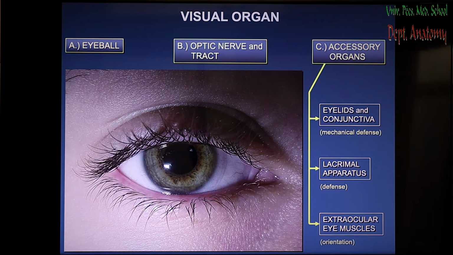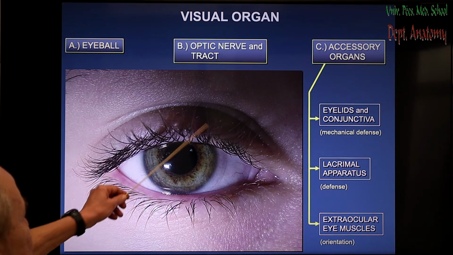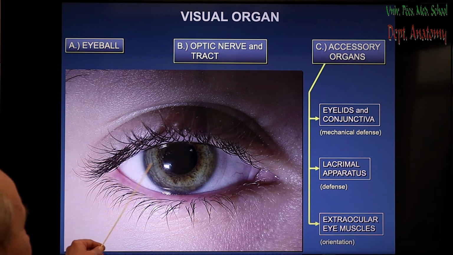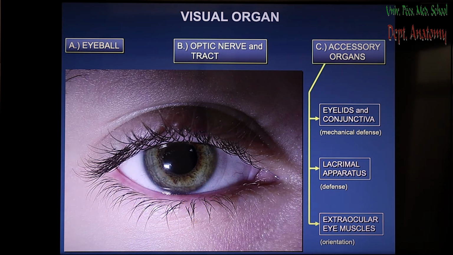These include the eyelids, the superior and inferior eyelids, and the conjunctiva covering the anterior surface of the eyeball. These things serve as mechanical defense to the eye.